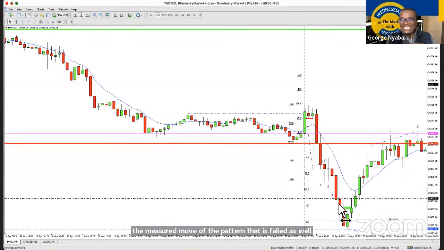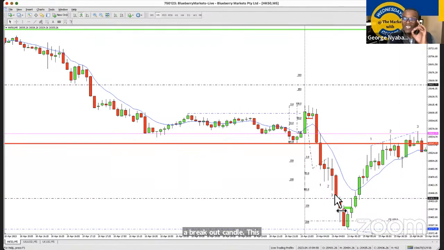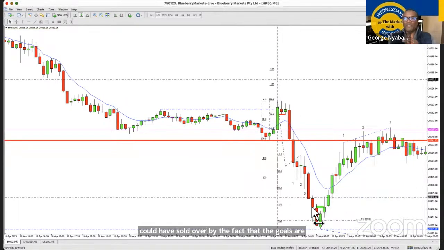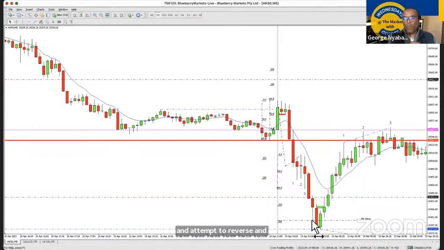And if you look at this candle, this was a breakout candle. This was a follow-through candle. If the trend was to carry on right here, this would have been a complete candle, not a low test, and the bears could have sold off. But the fact that the bulls bought into the end is an indicator of bullish strength. An attempt to reverse and failed, then you get a micro double bottom. 1, 2, 3, and the market turned there.